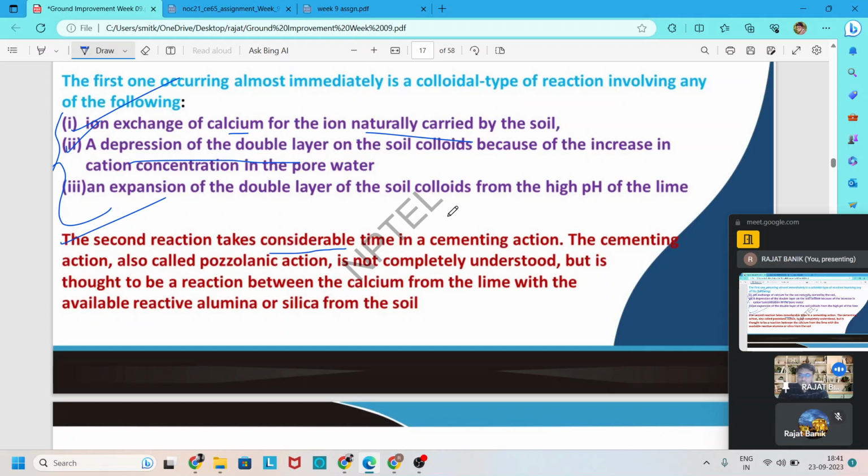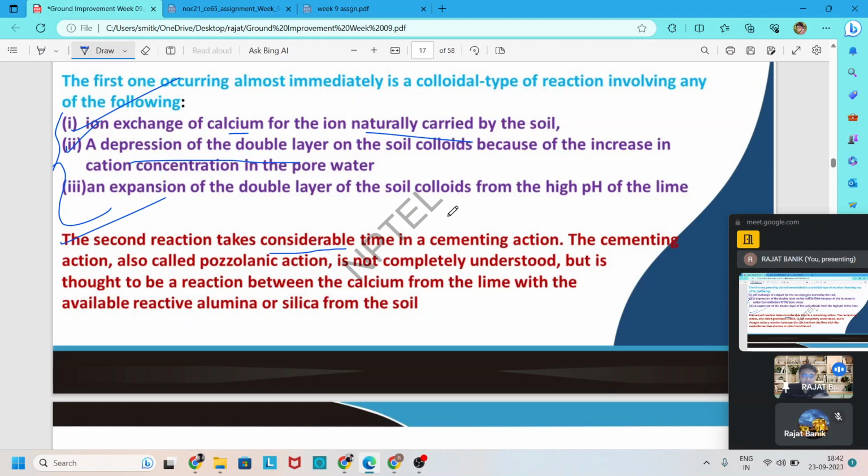So the first one is quick, immediate. The first reaction happens very immediately, and the second requires some amount of time. During the first reaction, ion exchange happens, depression of the double layer happens, and expansion of the double layer also happens. But the second reaction takes time, and it creates some cementing material through pozzolanic action.